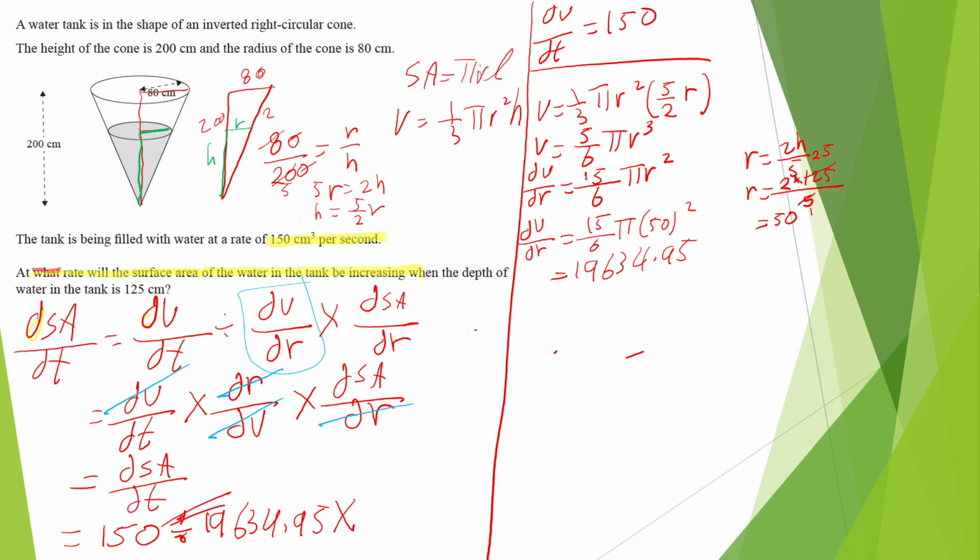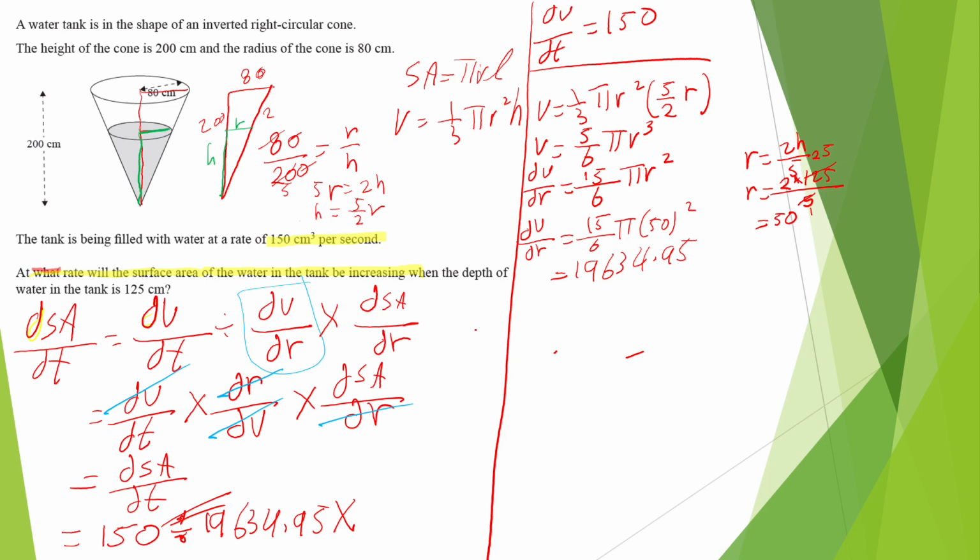times, now what is left is dSA over dr. Now the dSA over dr is pi r. So we need to find the connection between the slant line and the r.